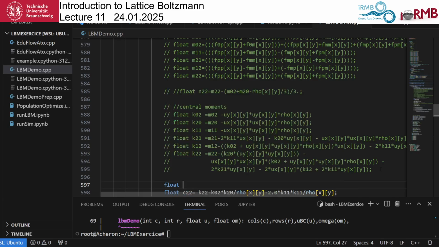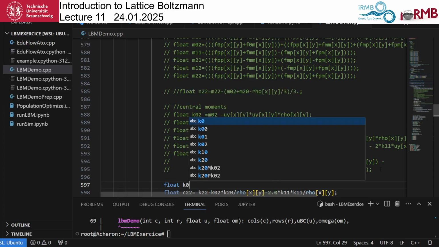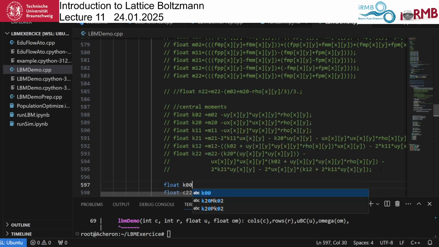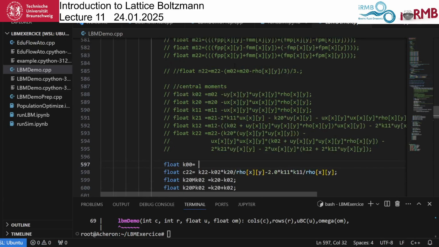So we need to have, for example, K00, and this may be a little bit confusing, because the trouble always is that moments go from 0 to 2 and populations go from -1 to 1.